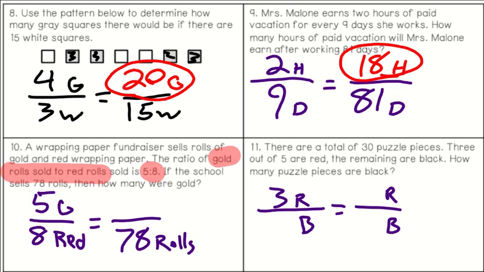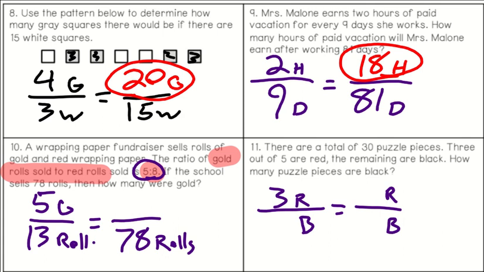But then it asks if the school sells 78 rolls. That's total rolls, right? You see how my sides don't match then? So we're going to make the sides match. Instead of 8 red rolls, how many total rolls is that? 13.